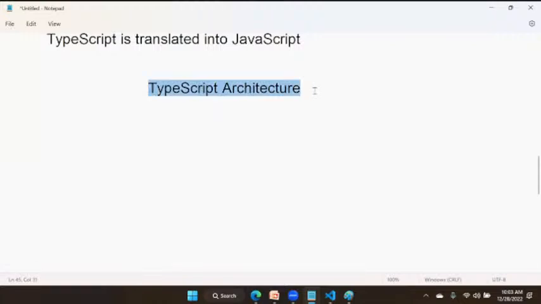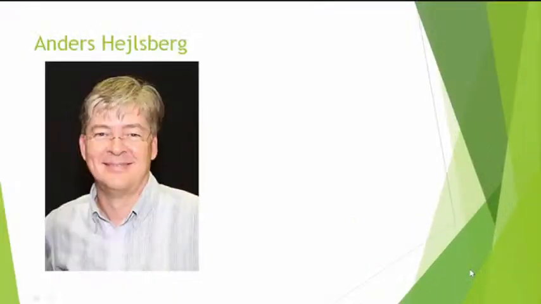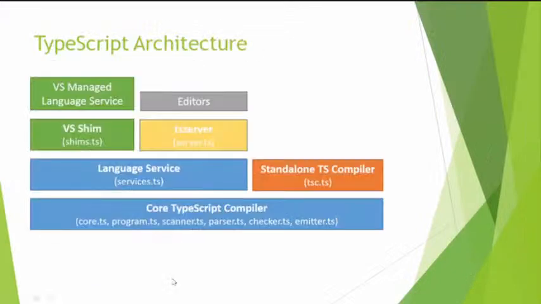What is the basic architecture of TypeScript? This is the basic architecture of TypeScript. These are all the components of TypeScript. What are these? How do they work? We will see in detail now.